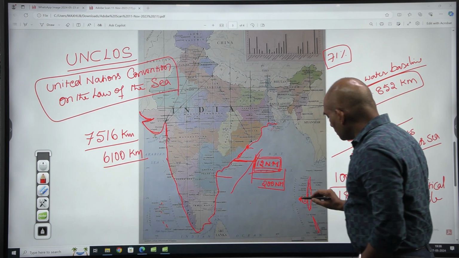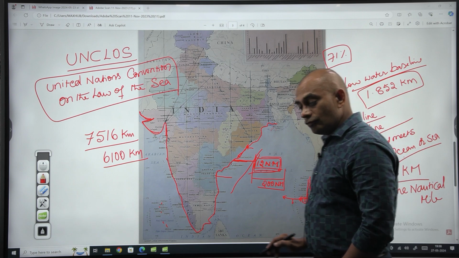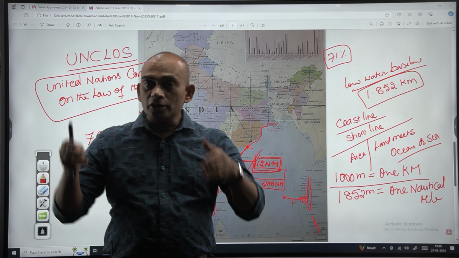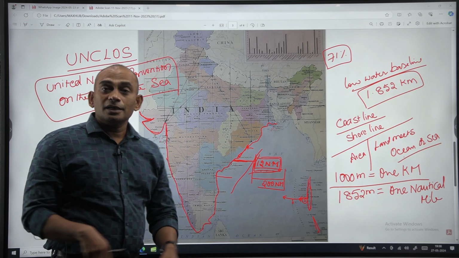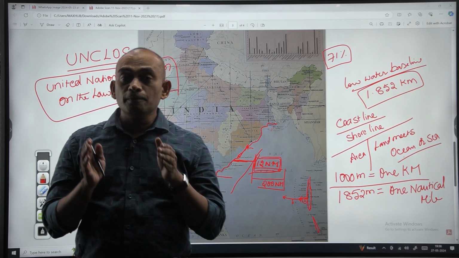And up to 200 nautical miles, according to this agreement, is the exclusive economic zone of that particular country.